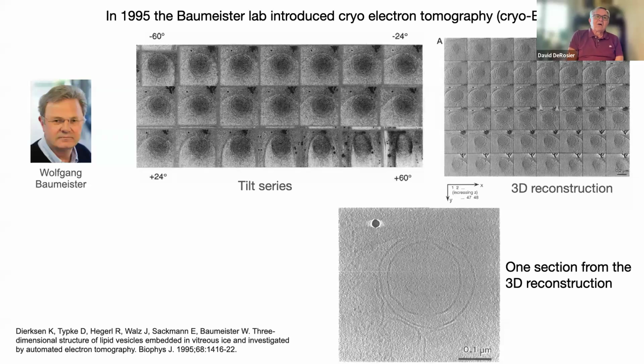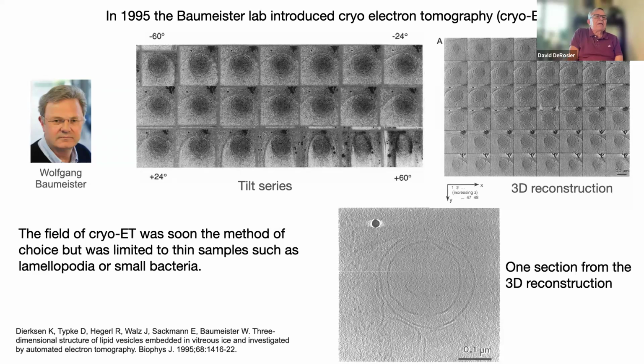This was Wolfgang Baumeister and his group, their proof of concept. They went on to make many developments in the field of cryo-electron tomography, so we're very grateful to them. But initially, this field was limited to thin samples, such as lamellipodia or small bacteria.